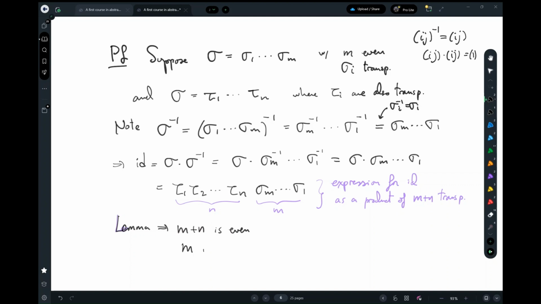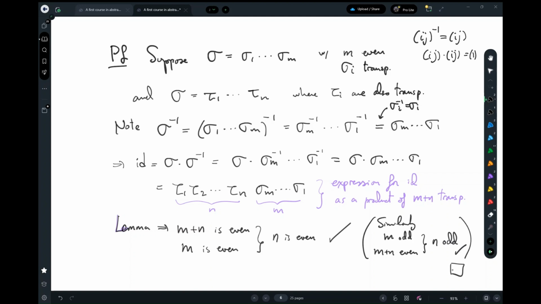And I knew that m is even, and therefore n is even also, which is what I wanted to prove. And similarly, if m is odd and m plus n is even, then that tells me that n is also odd, which is the other part. So that proves what I wanted to prove.